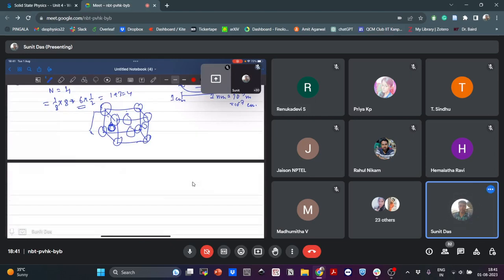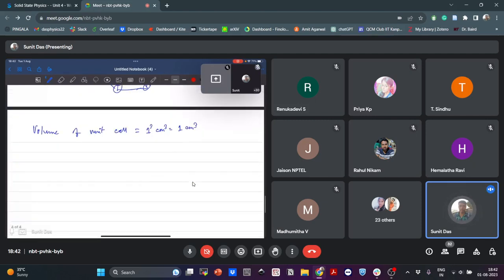So the volume of the unit cell will be, let me put it in nanometer cube, this will be 10 to the power minus 7 cm cube, and the volume of the crystal will be 1 cm cube.